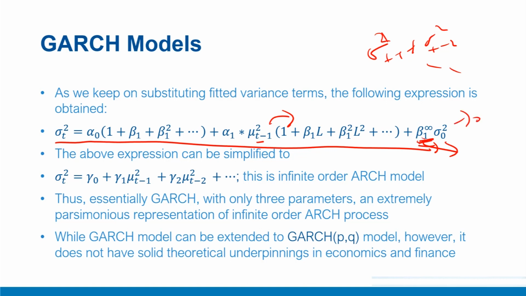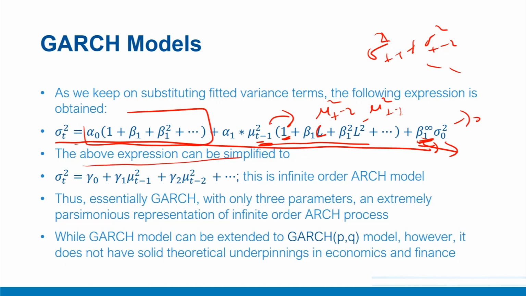So essentially you get a constant term, and then other terms which are a function of lags of mu square t minus 1. For example, this would be mu square t minus 1, where L represents the lag, this will be mu square t minus 2, this will be mu square t minus 3 and so on. So you can think of this expression as some kind of ARCH model with a constant term and lags of mu square t minus 1.